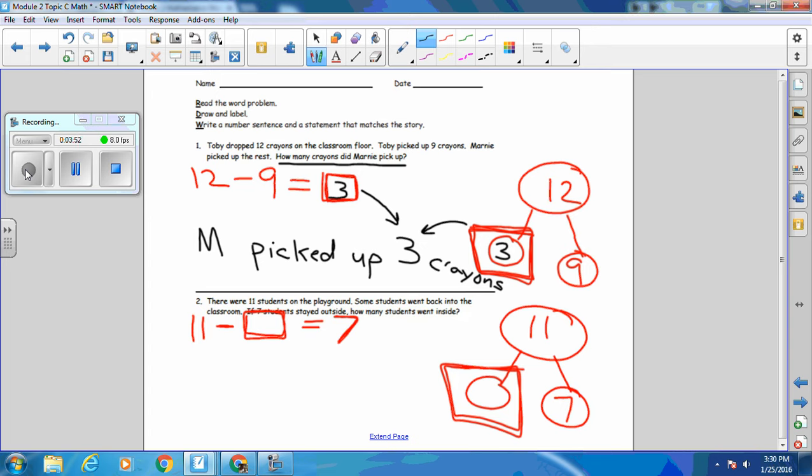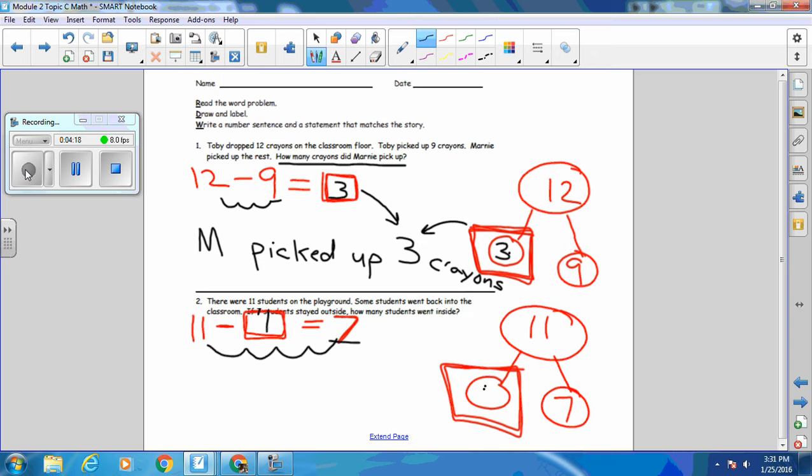Regardless of the subtraction sentence, they solve the same way. They grab the small number, count to the big number. I'm still looking for a part. So the way I solve it is the same way, just because the number sentence looks different.